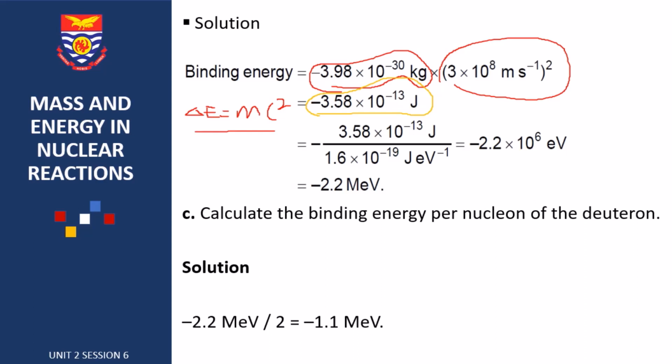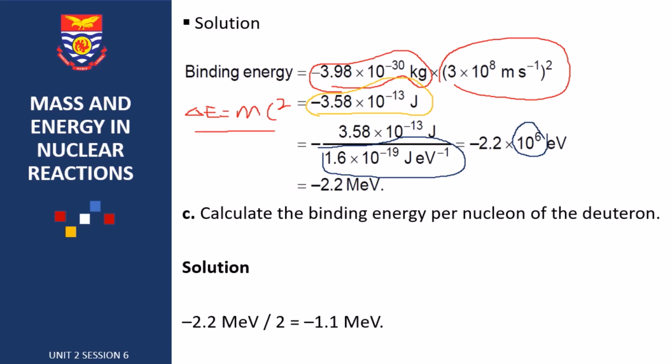So that is the problem we need to solve. By dividing the binding energy in joules by 1.6 times 10 to the power negative 19, it will convert it to electron volts. But the electron volts here is multiplied by 10 to the power 6, which represents mega. And so our answer will be in mega electron volts. So we'll end up having negative 2.2 mega electron volts.